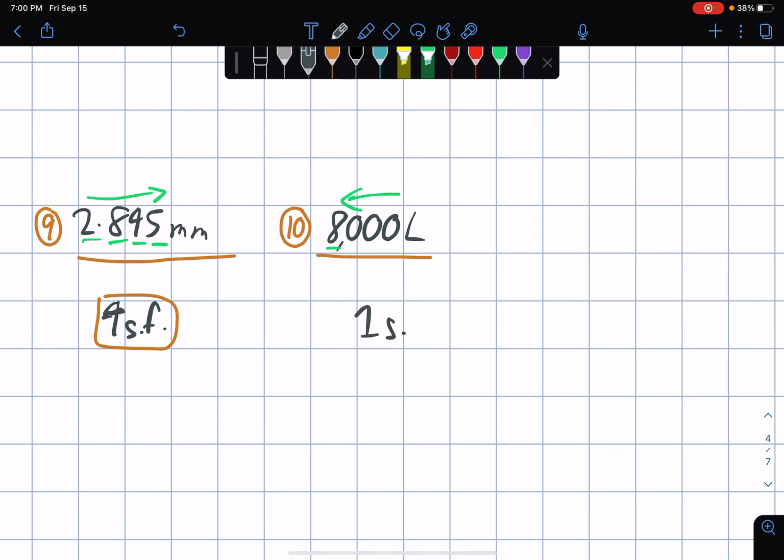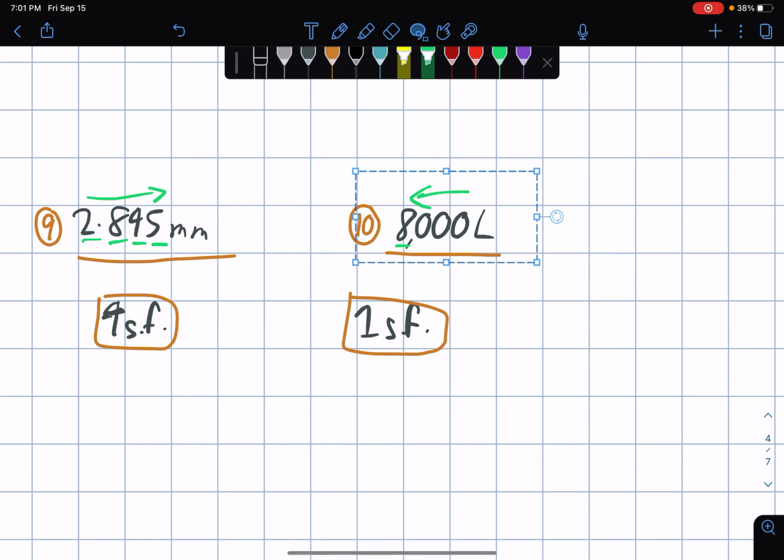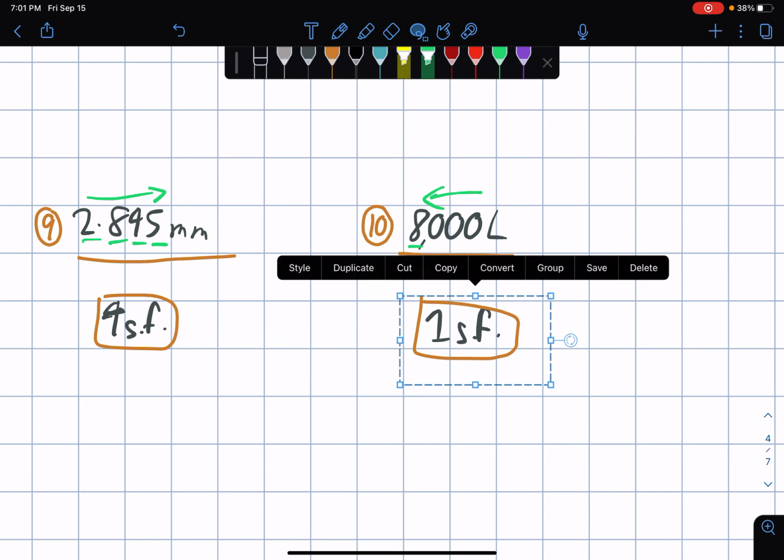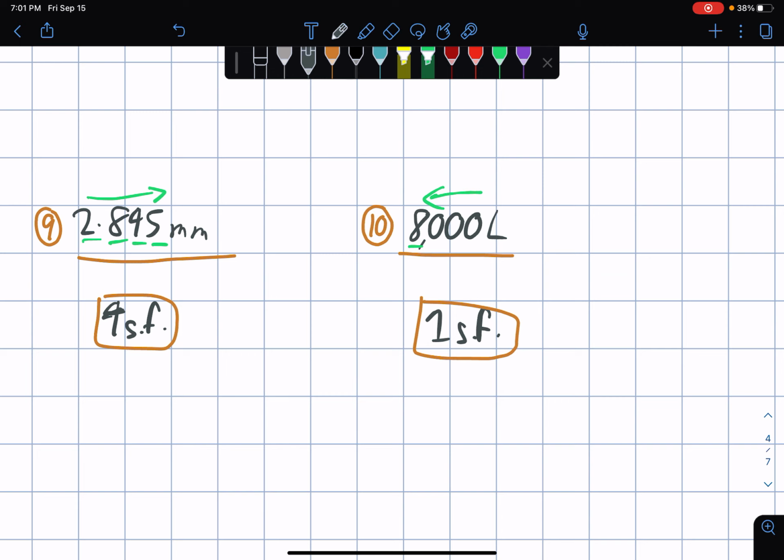So we only have one significant figure for number 10. That is the policy for numbers without a decimal point, in which case we read to the left, from the right to the left. We count any number that is significant if it is a non-zero integer. In this case, it's number 8.